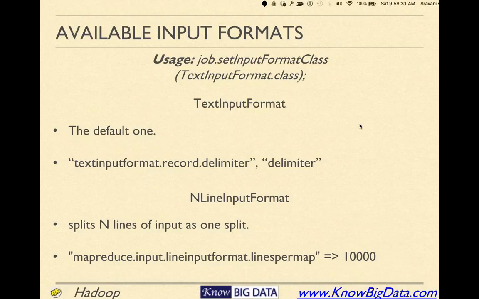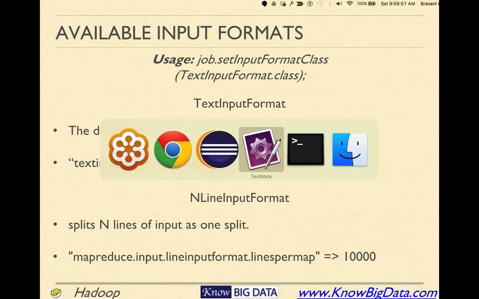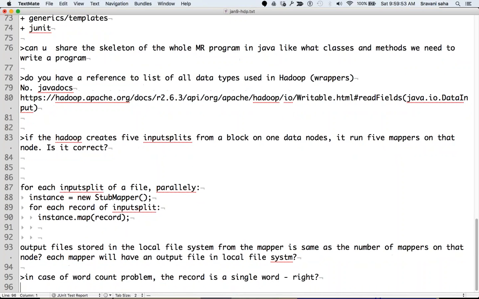Biswa's question is, in case of word count problem, the record is a single word. Sorry, no. In case of word count problem, the input record is a single line.